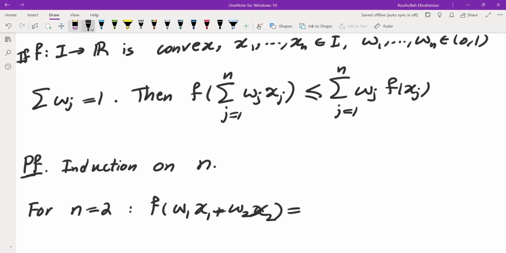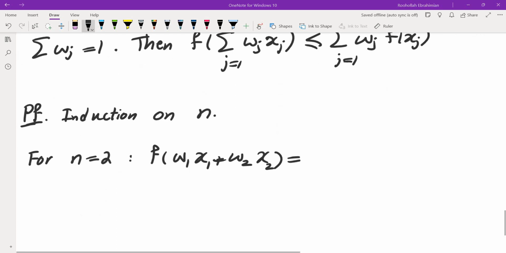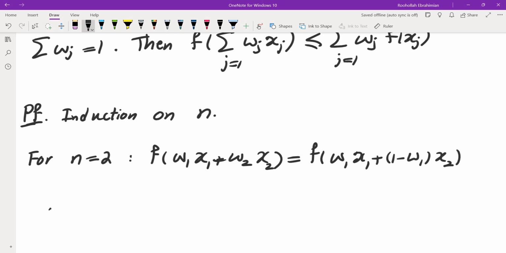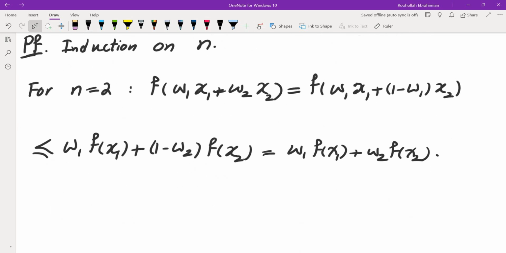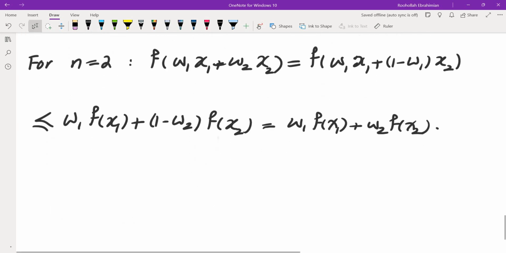Now w1 plus w2 is 1, so I can write this as f of w1 x1 plus (1-w1) x2. And because f is convex, I can say this is less than or equal to w1 f of x1 plus (1-w1) f of x2, which is exactly w1 f of x1 plus w2 f of x2. So for n equals 2, it's basically just the assumption that f is convex.